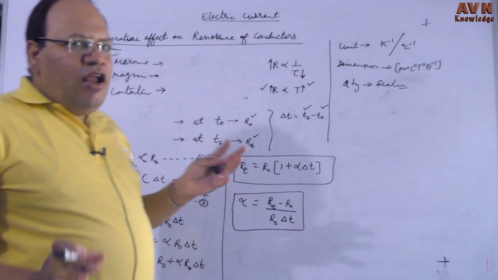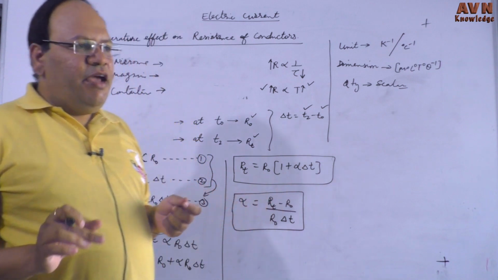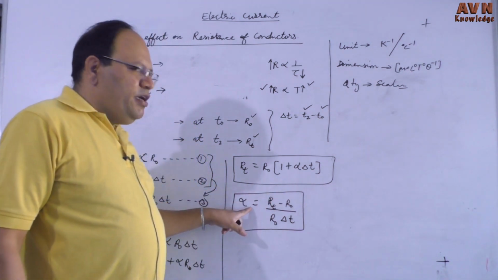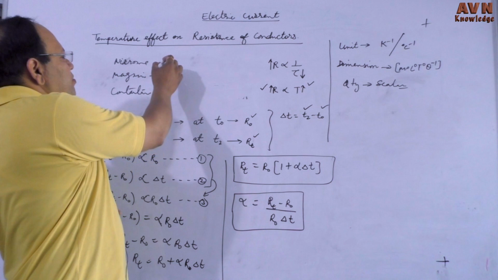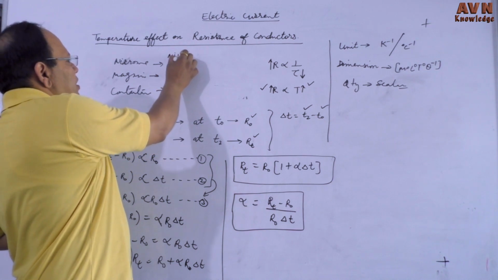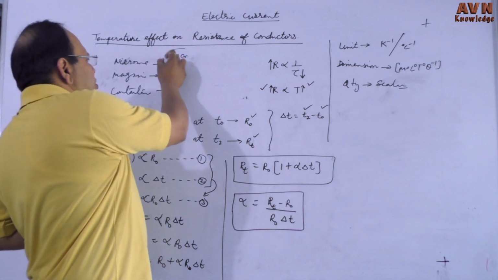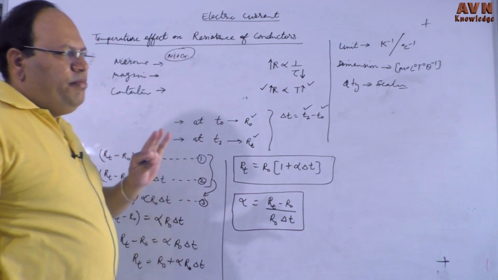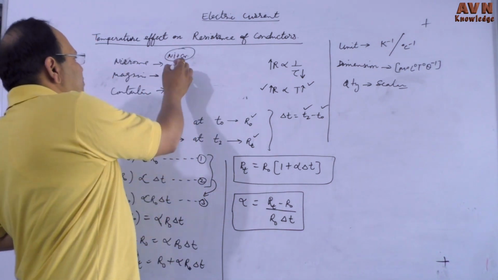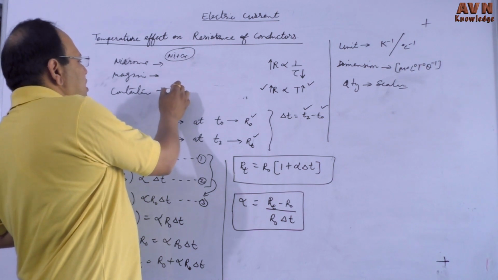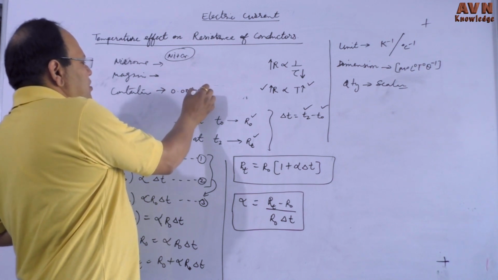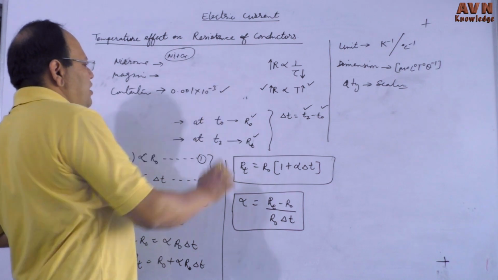When we take an alloy of metals, the temperature coefficient will be decreased. So nichrome is nickel plus chromium, in a 20-80 ratio. I am not going into compositions, but here what is alpha? Alpha is a small quantity, per degree centigrade.